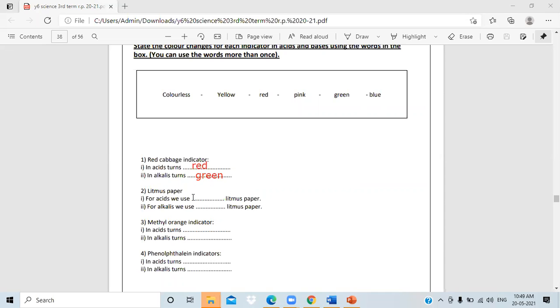Blue. Excellent. So you need to use the blue litmus paper so that when you put the acid on it, it will turn red, correct? Yes. Okay, for the alkalis, which one do we use?